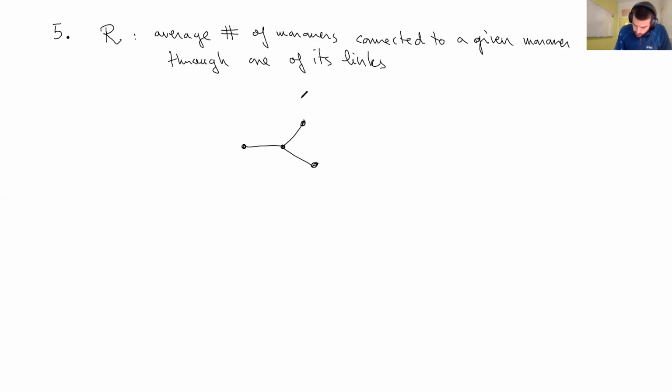It's an assembly of points with possible links. Okay, and I'm asking the question, let me take this guy. So connected to a given monomer through one of its neighboring links, this one, for instance. What is the average number of monomers connected to this guy through this link?